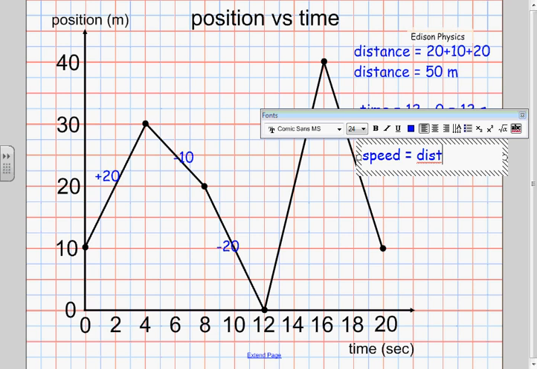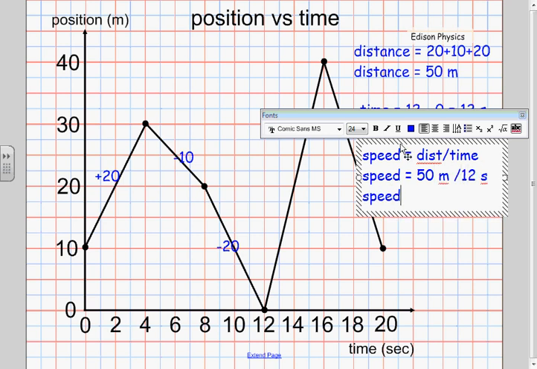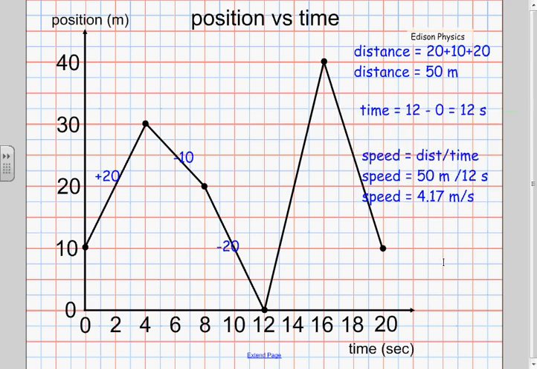So distance over time, 50 meters in 12 seconds. Oh, let's see, 50 divided by 12, that's 4.17 meters per second. So for the first 12 seconds, my speed was 4.17.